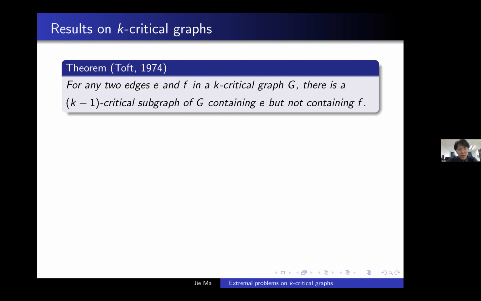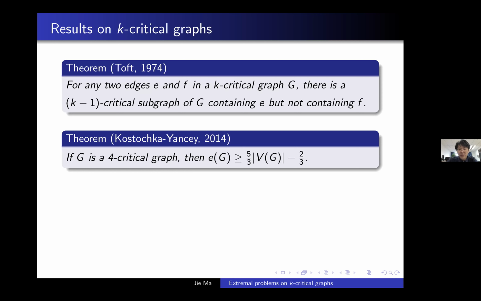Now I want to mention several interesting results on this topic. The first one is a result of Toft. Toft proved in '74 that in any K-critical graph G, fixing any two edges E and F, one can always find a K-1 critical subgraph which contains the first edge but does not contain the second edge. So this tells us that there are many K-1 critical subgraphs.